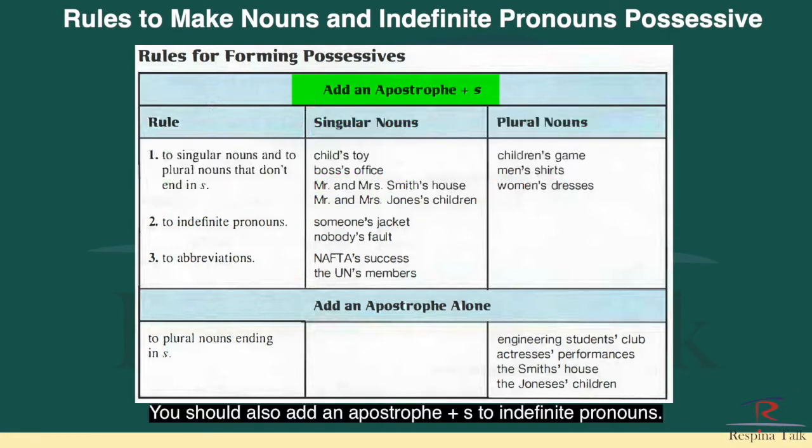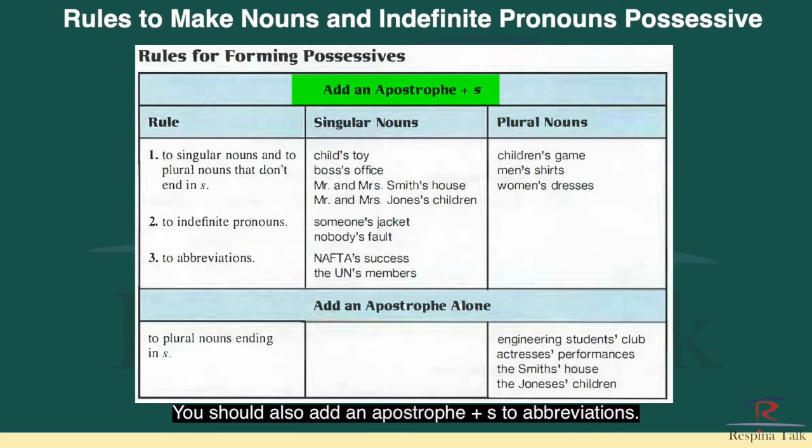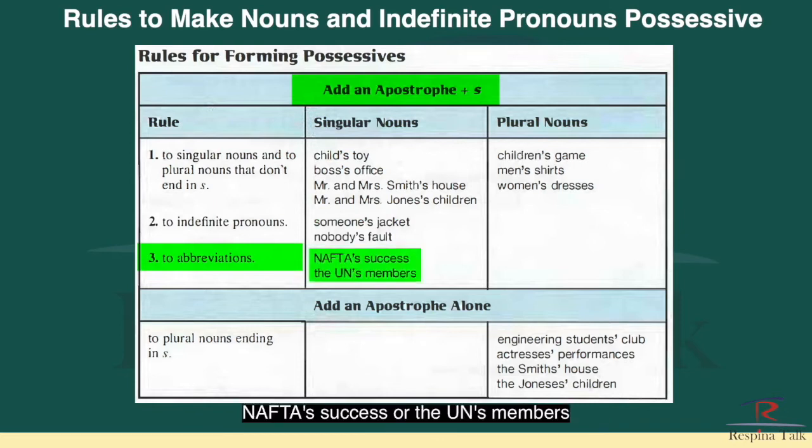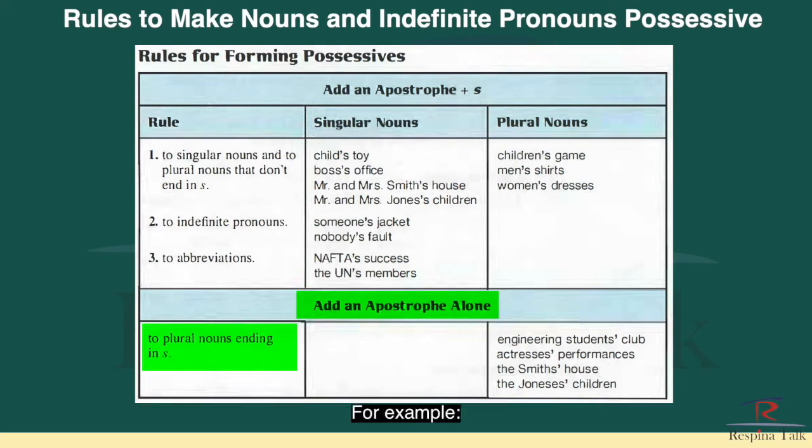You should also add an apostrophe plus s to indefinite pronouns, like someone's jacket or nobody's fault. You should also add an apostrophe plus s to abbreviations, like NAFTA's success or the UN's members. You should add an apostrophe alone to plural nouns ending in s. For example, engineering students' club.